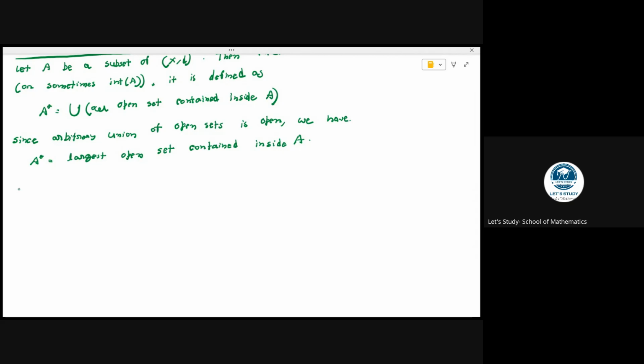Okay, so for example, what if we take any finite set x1, x2, ..., xn? What is its interior in the usual metric, and in the discrete metric?